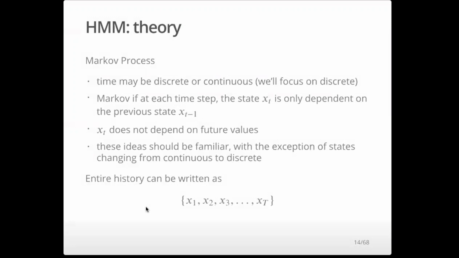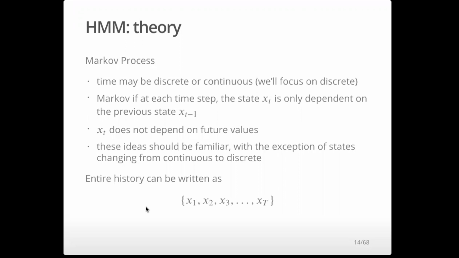So in theory, like we had before with a MARSS model, we had time as a discrete process. With a hidden Markov model, we also have time as a discrete process, and we're going to be transitioning between those time steps. But that transition is going to be discrete rather than continuous, so our state is not going to be a continuous variable anymore.